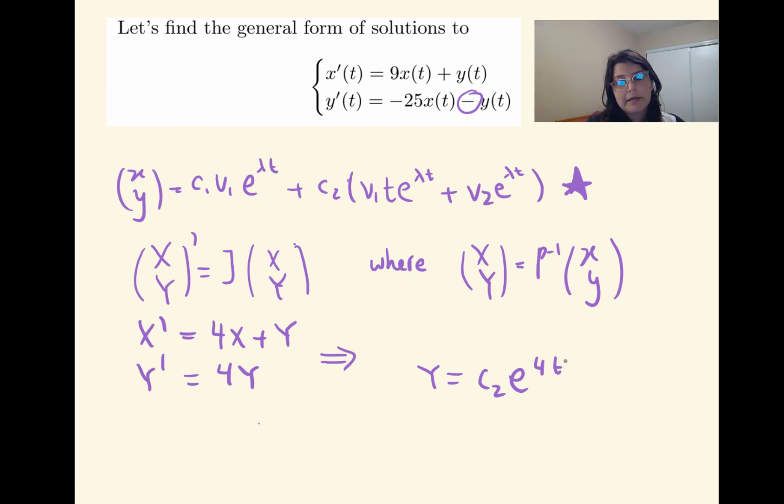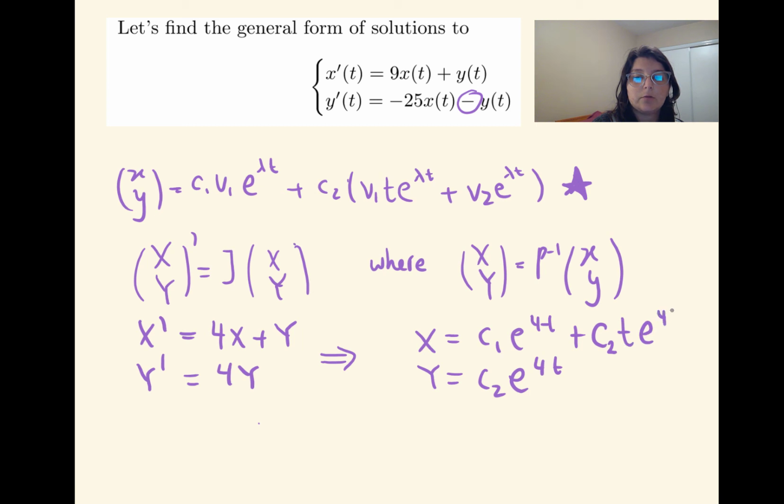And once we insert capital Y into the equation for capital X prime, we can use the method of the integrating factor to conclude that capital X will have to take the form constant times e to the 4t plus constant, the one coming from capital Y, times t e to the 4t.